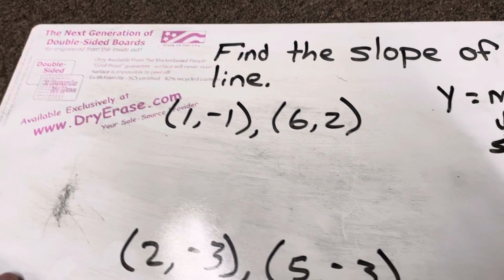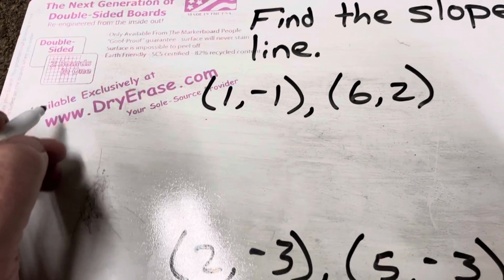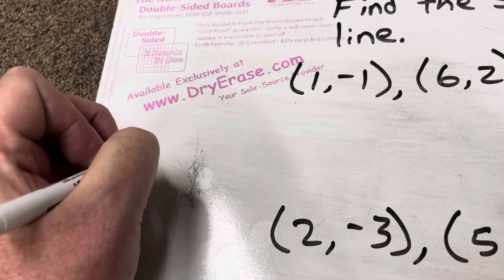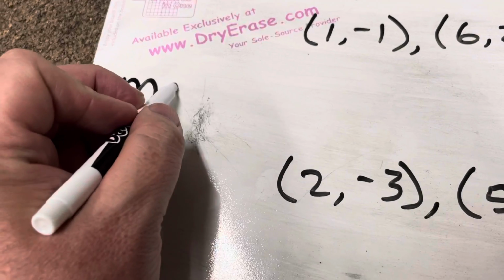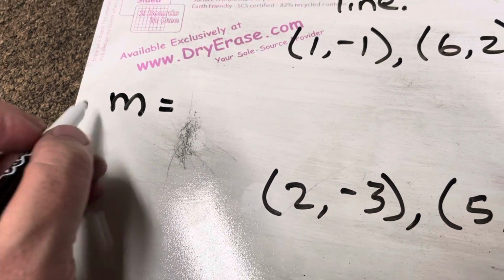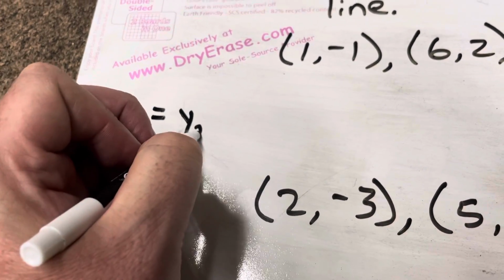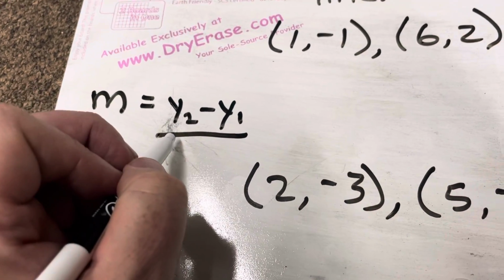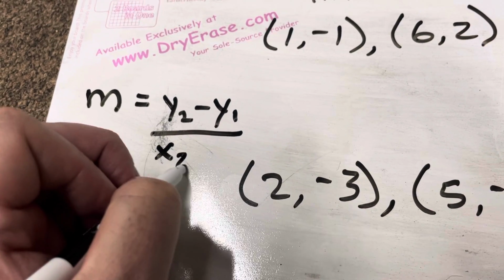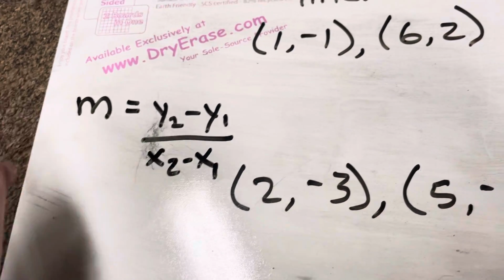And there's a formula that goes with that. And that formula is essentially m, as I used m for slope, so my formula is going to be m equals y2 minus y1 over x2 minus x1.